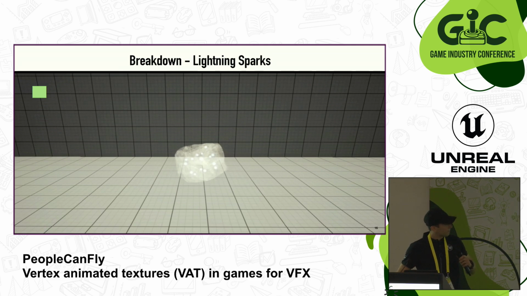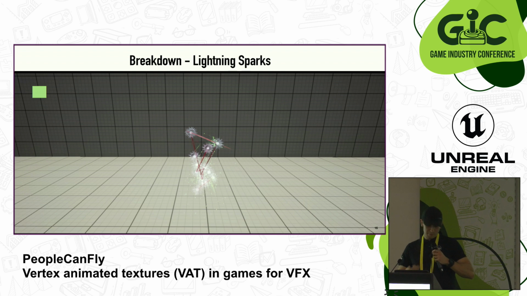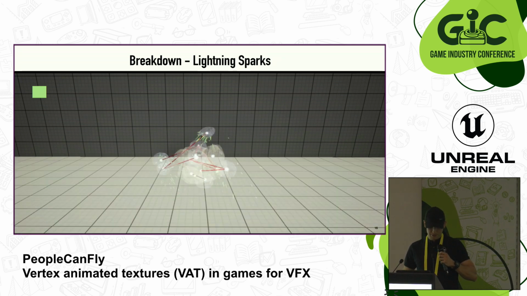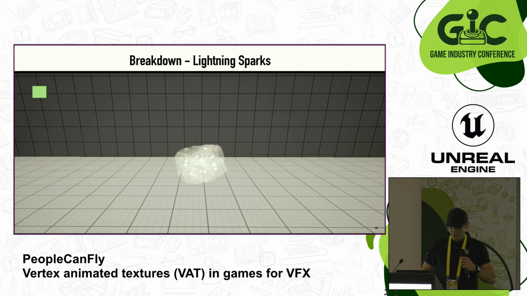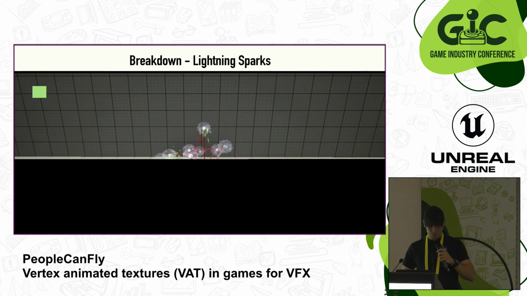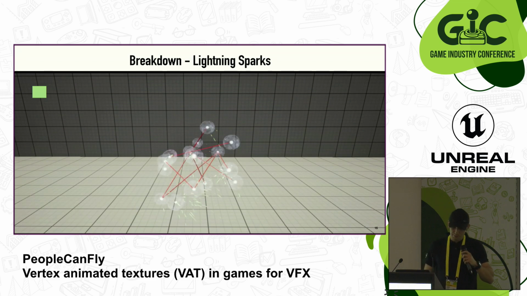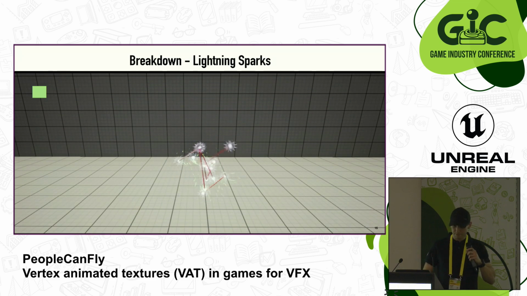And now I want to make a brief breakdown of this effect. To create a lightning effect, we can randomly match particles into pairs of two, where one particle is a source and the other is the target. Then we can calculate the difference between them as well as the distance.